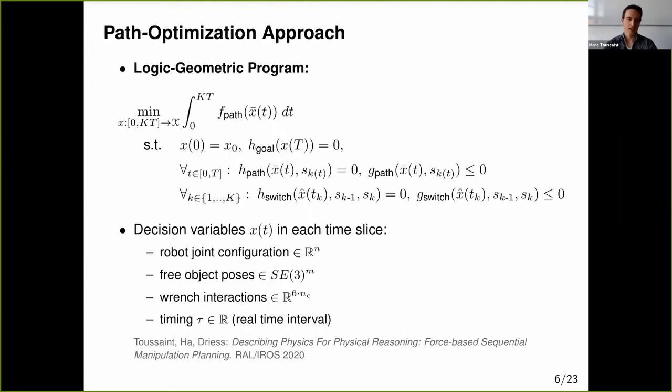Okay. So let me describe this technically and show some results, and then later discuss again on a higher level what we learned. Technically, we describe the problem as a path optimization problem, which means we try to find a path of the world, actually, not only of the robot, but of all objects in that scene, which respects physics constraints.